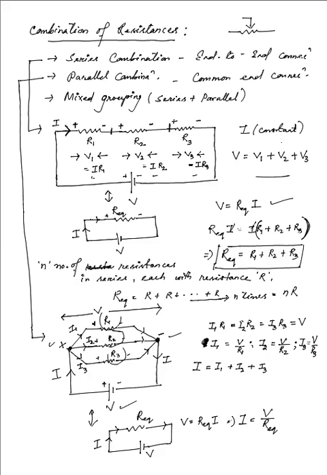Now with V by R equivalent being the value of I, we can just substitute those values in this equation that we have over here.